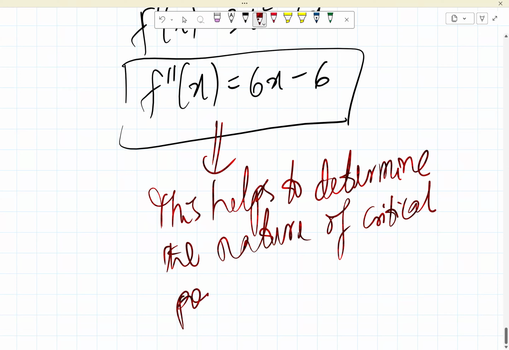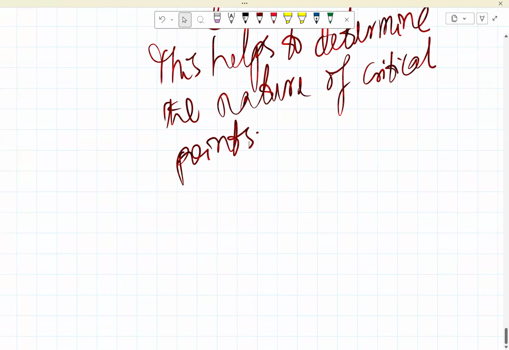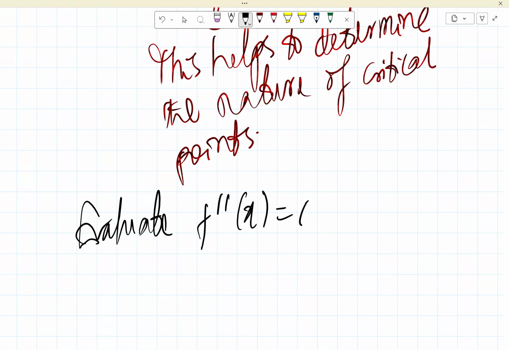So how do we take care of that? We evaluate f prime prime of x, which is 6x minus 6, at each critical point.